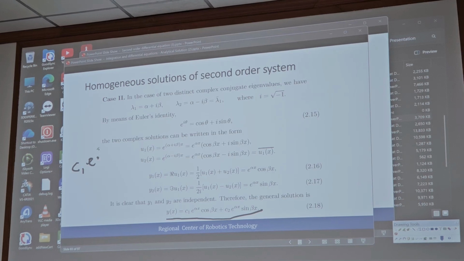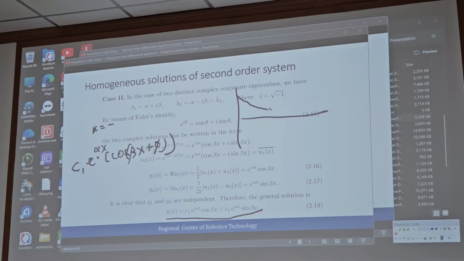E to the alpha x, cos beta x plus sine beta x. So it's something like this one. Let's say it's alpha minus. You have this term, cos is something like this.